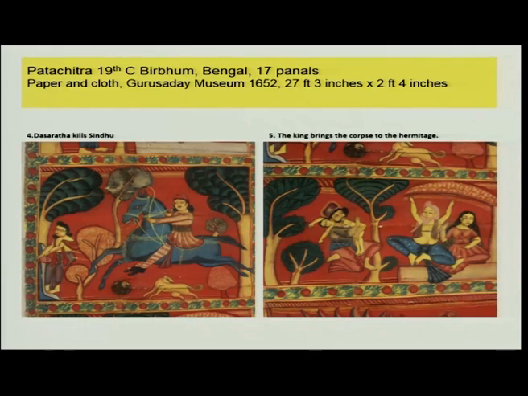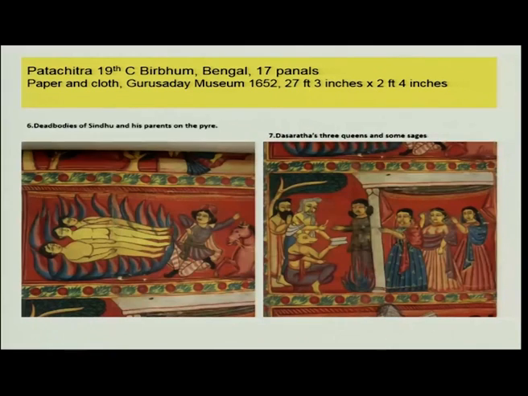Dasharatha kills Sindhu. The king brings the corpse to the hermitage. Dead bodies of Sindhu and his parents on the pyre. Dasharatha's 3 queens and some sages.